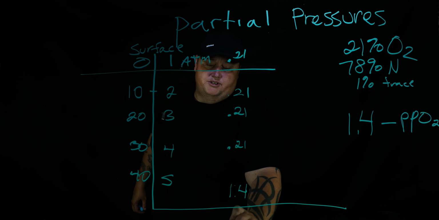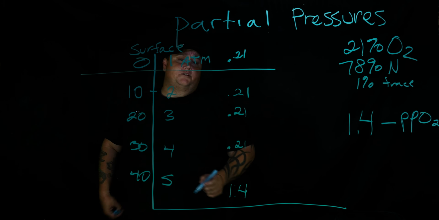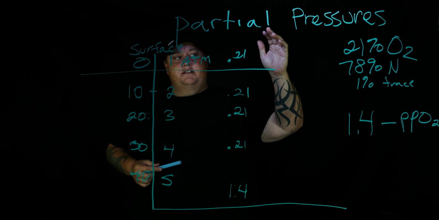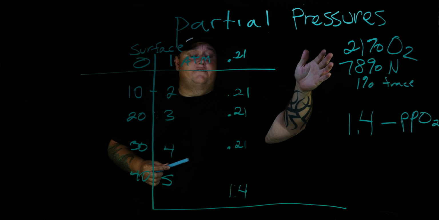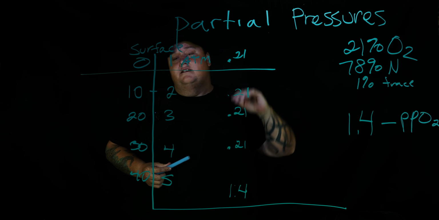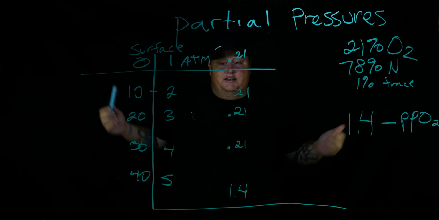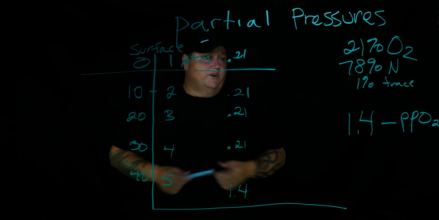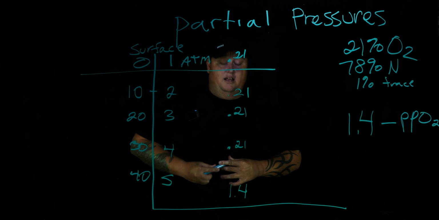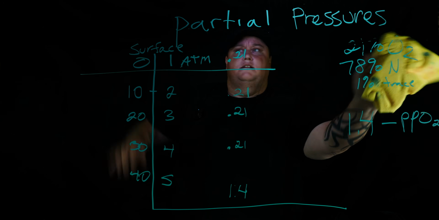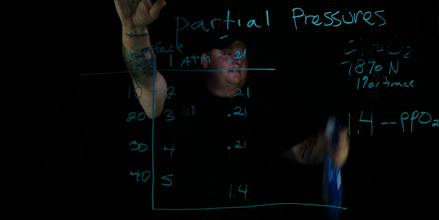So that's when we start hitting the 1.4 PPO2. So you can imagine if we start using higher elevated oxygen, nitrox, what is our MOD for different mixes, like 32%, 40%? So here, I'll even write it as an example. All right, let me erase this.